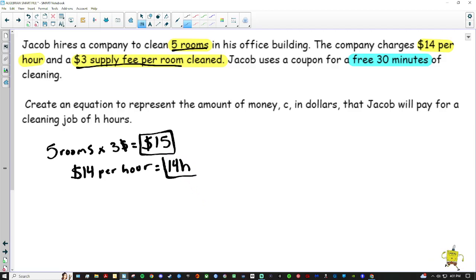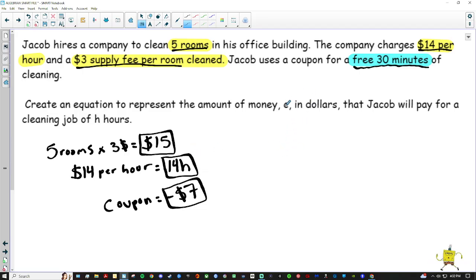Now there's one more thing we have to take into account. We're getting a free 30 minutes. So if it costs $14 per hour and we're getting a free 30 minutes, how much money are we going to get taken off? Well, 30 minutes is half of an hour. So we would get $7 off. So we get to subtract $7.